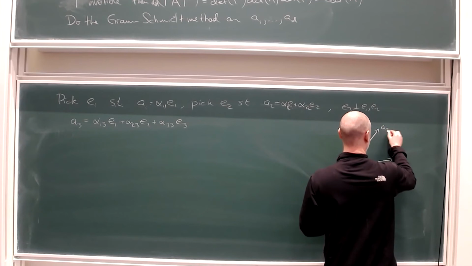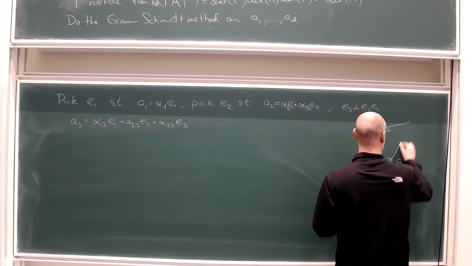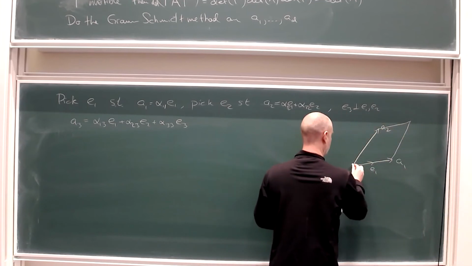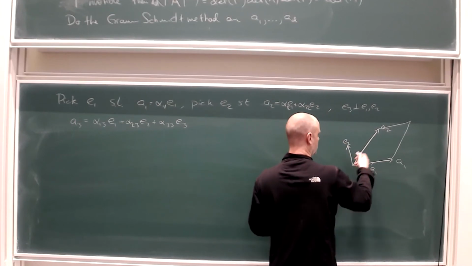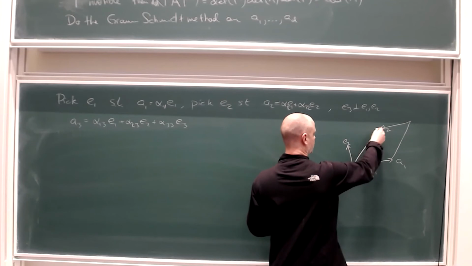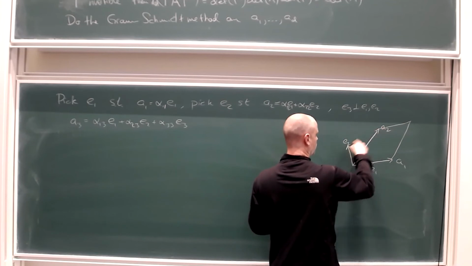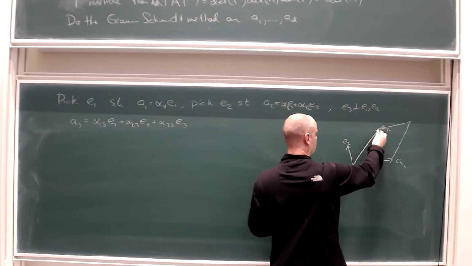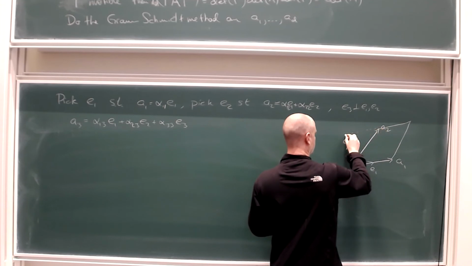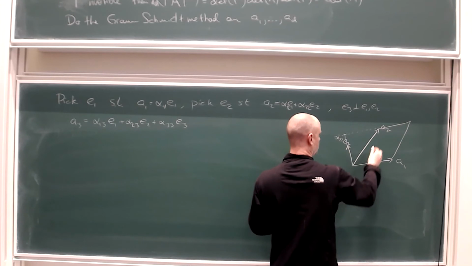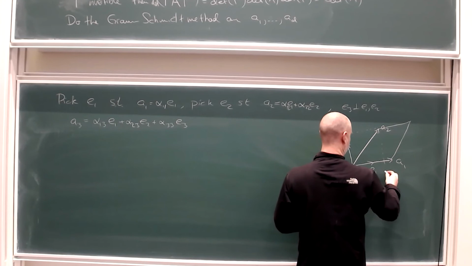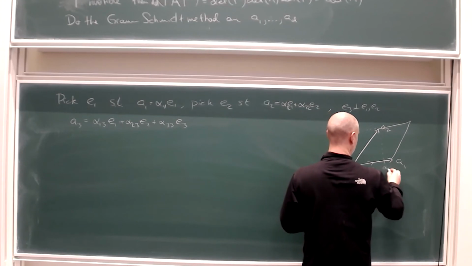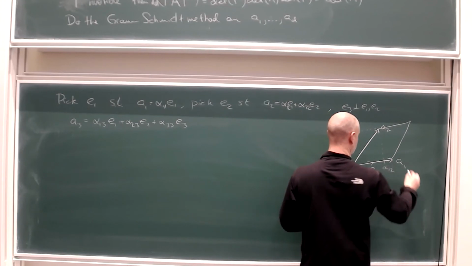Now, here's A2. Okay. So then here's E2. It's easier, of course, to choose them so that you always have a positive coordinate in the projection here. That's not necessary. Okay, so then here is our alpha 2,2. And then the projection down here is our alpha 1,2.